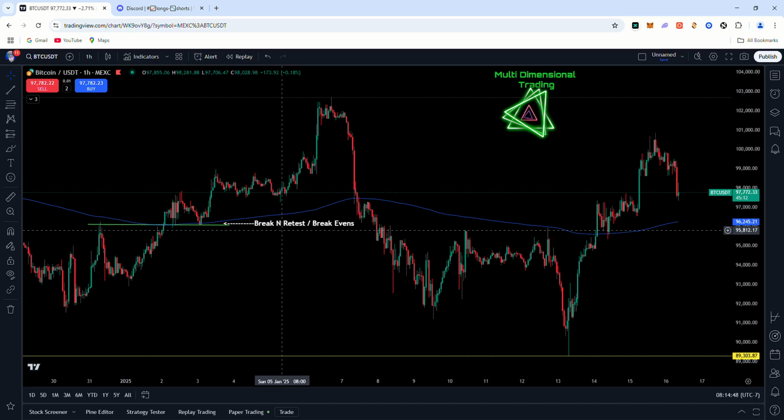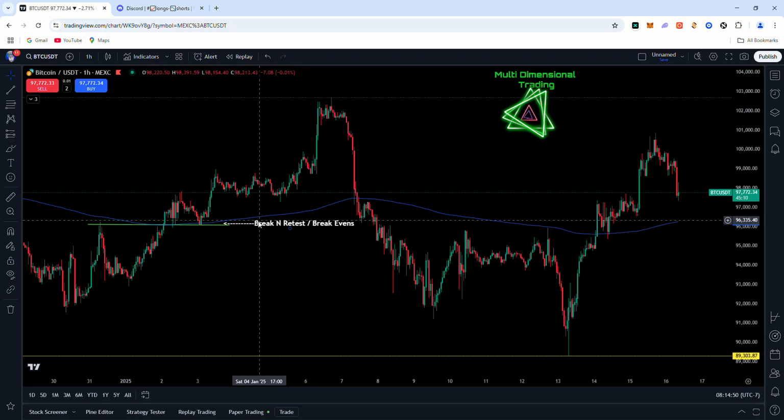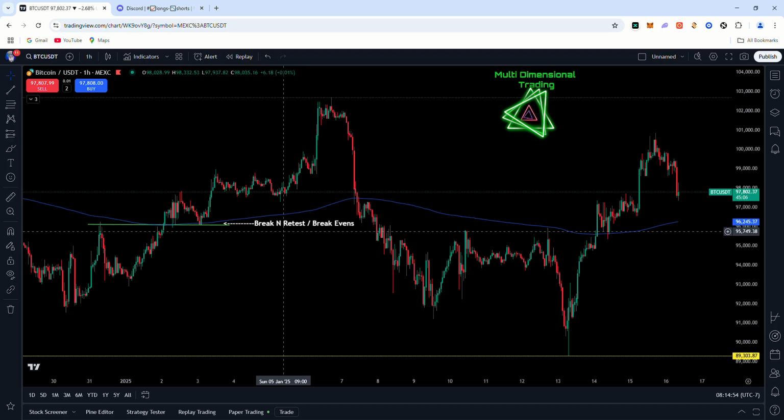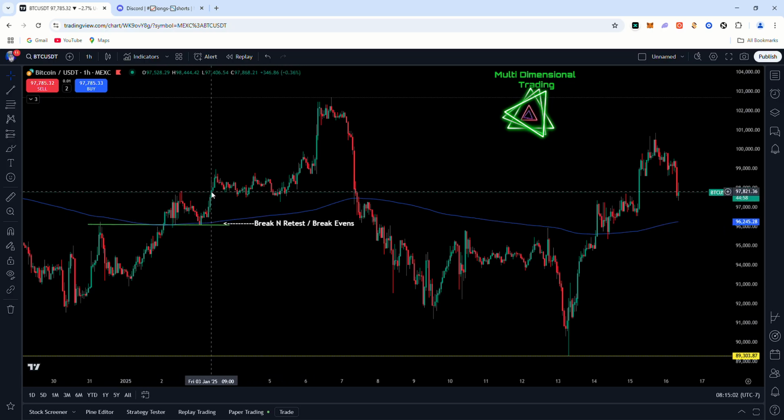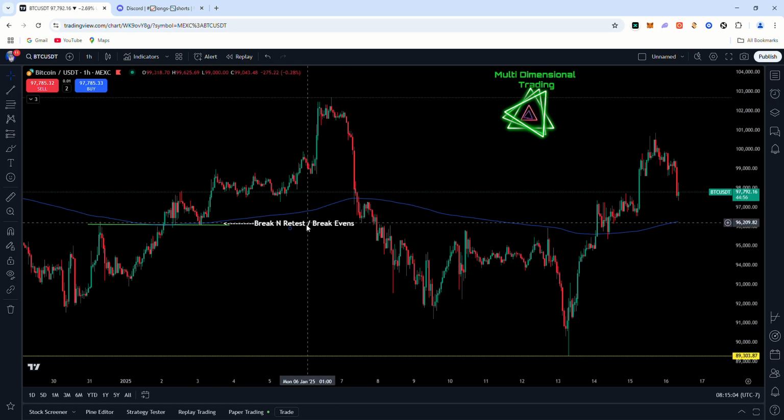The break and retest is a term I've heard various traders say. I didn't use the term break and retest at first, but I understand it now to be exactly how it is said. The way I explain this market structure event is break evens.